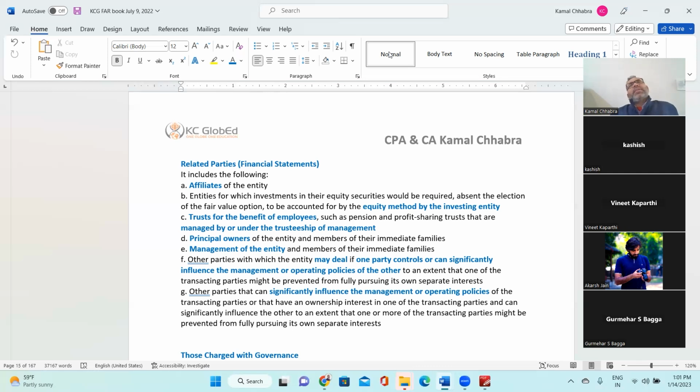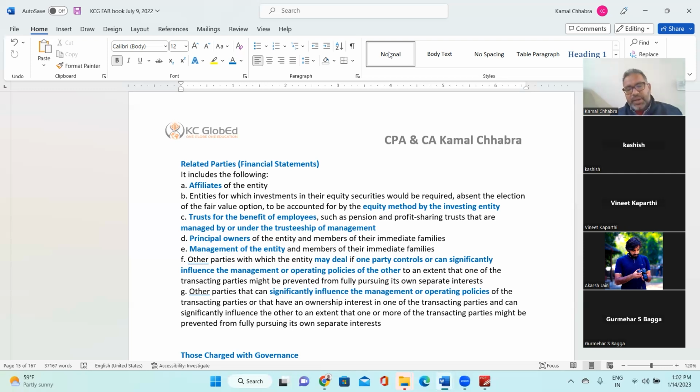So here there is one person who has influence on the management of Hyundai, and they request Hyundai management to buy particular spare parts from ASK Automobile. Even though it's not in the interest of Hyundai, and it may be more expensive than the market, Hyundai will take that decision under his or her influence. So that person who has influence is considered a related party of Hyundai.